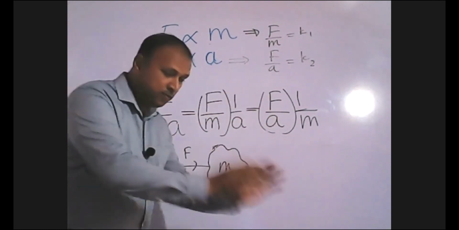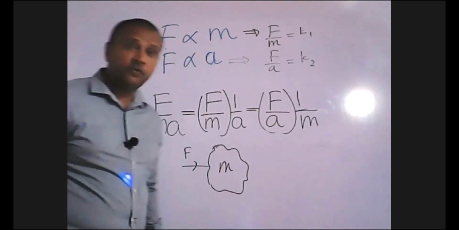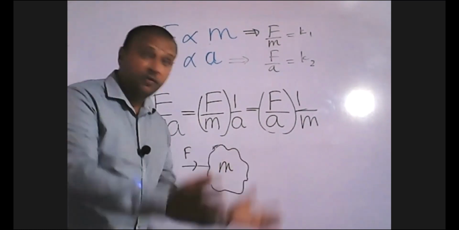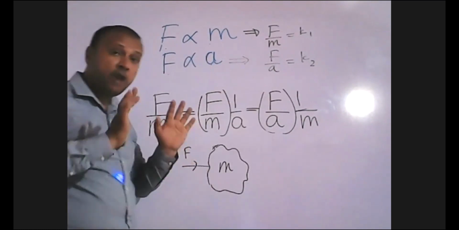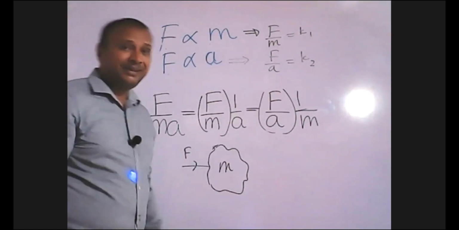Suppose there is a small stone, then I have to put a very small force to move that stone. And when the mass of that stone increases, I have to apply more and more force to move that stone.